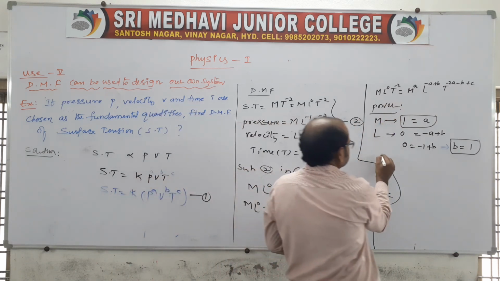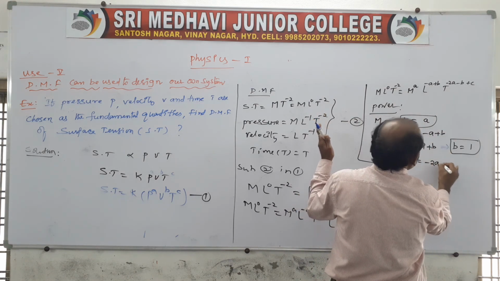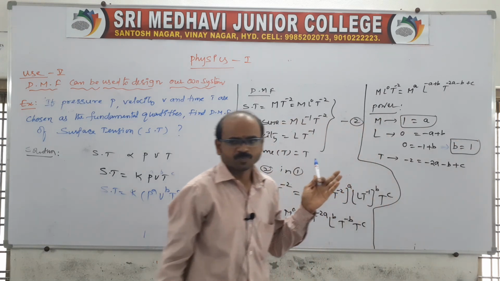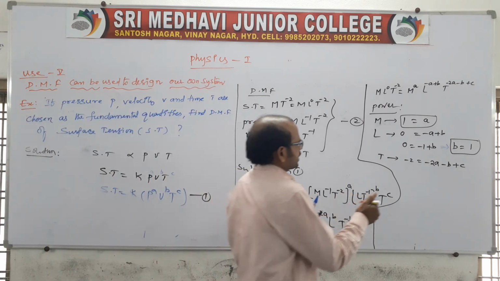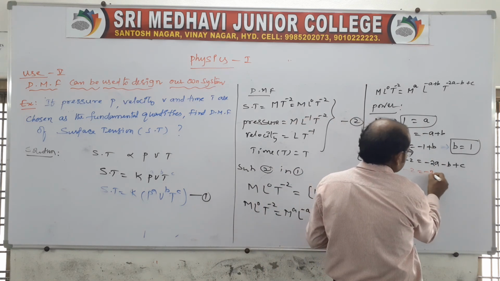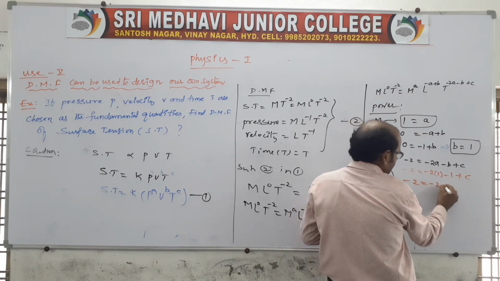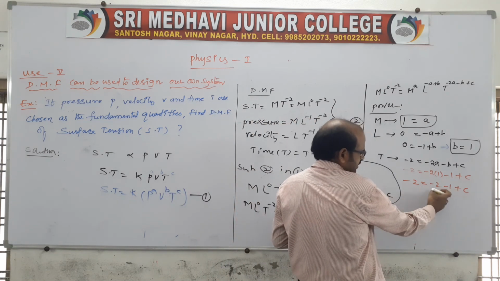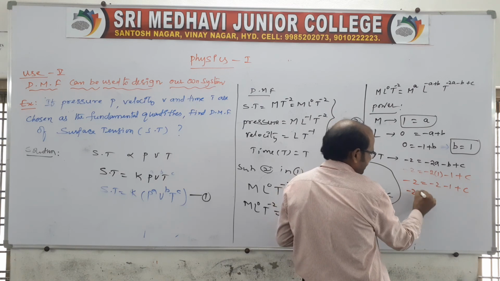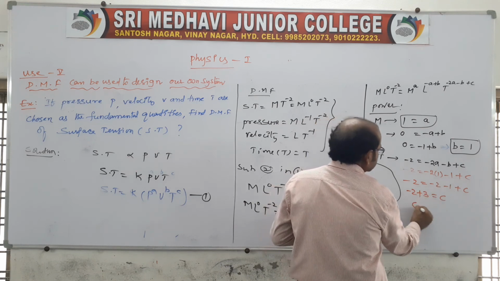And the last one is time. The left side power is minus 2 and the right side is minus 2A minus B plus C. Now substitute the A, B, C values: minus 2 is equal to minus 2 times 1, minus 1 plus C, so minus 2 is equal to minus 3 plus C. Taking it to the other side, it becomes plus 3, so C is equal to 1.